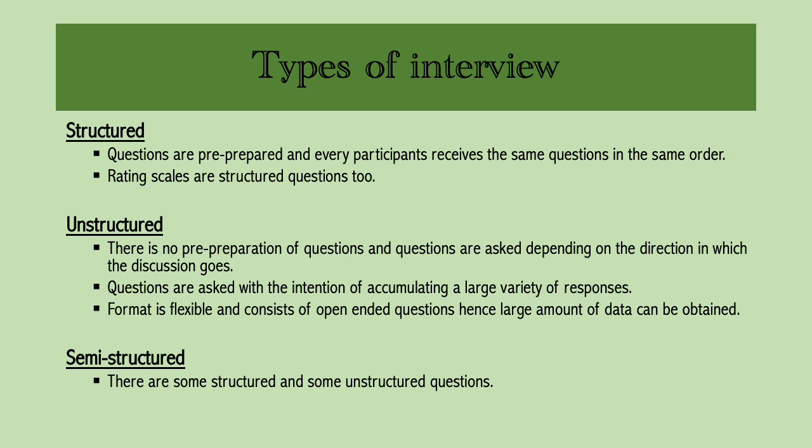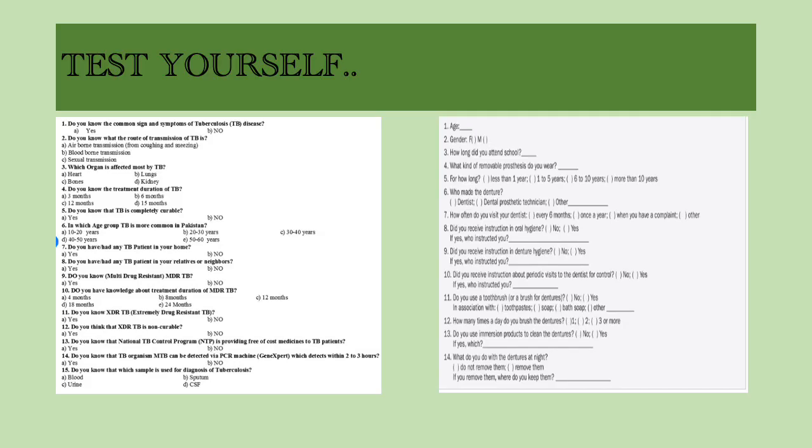Okay, so three types of interview. Now this one, I don't know why I put 'test yourself' there, but it's not correct. I basically just wanted to show you what interview questions look like. So it goes like that. This is a structured interview where the questions are already fixed.